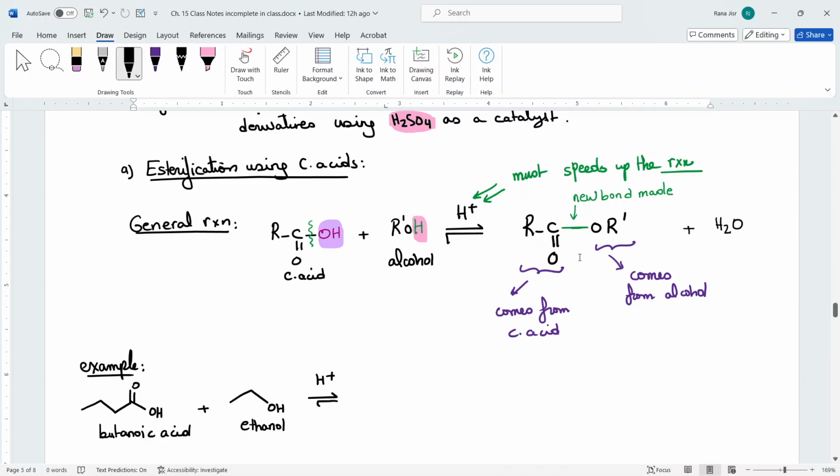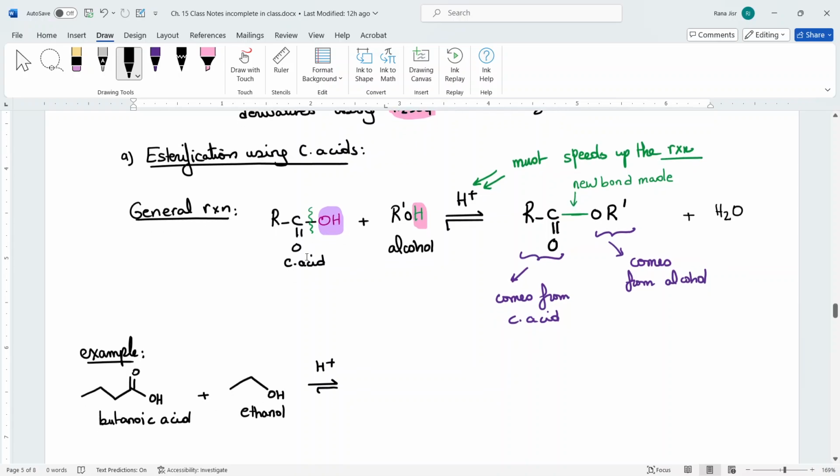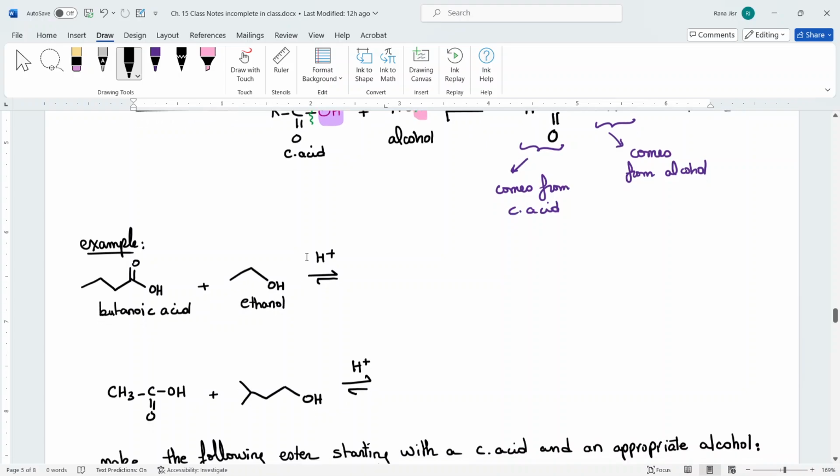We can form an ester that has a banana fragrance, a strawberry fragrance, a pineapple fragrance, depending on the alcohol and the acid that you are working with. And that is going to be one of your labs.